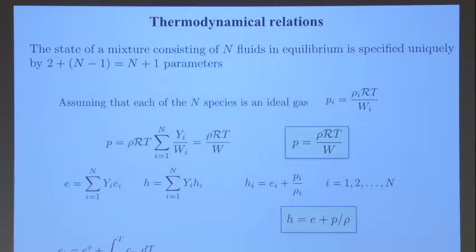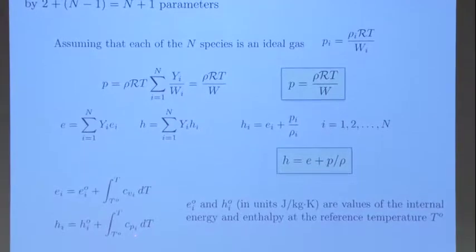Each of the species is an ideal gas, and therefore internal energy and enthalpy are a function of temperature only. And so one can write, as we did before, by integrating the definition of the specific heats CVI and CPI, that EI is the reference EI plus the integral of CVI from the reference temperature to T, and a similar thing for CPI.